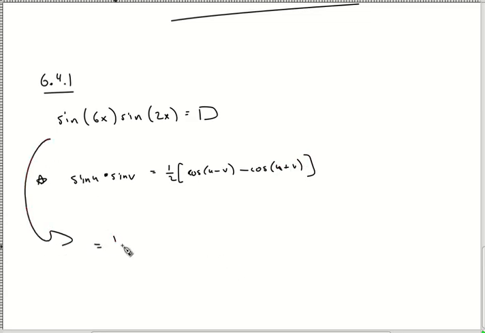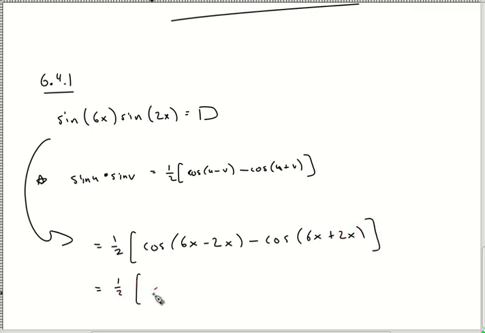answer, I guess. So 1/2, we've got the cosine of 6x minus 2x minus the cosine of 6x plus 2x. We got 1/2 times the cosine of 4x minus the cosine of 8x.